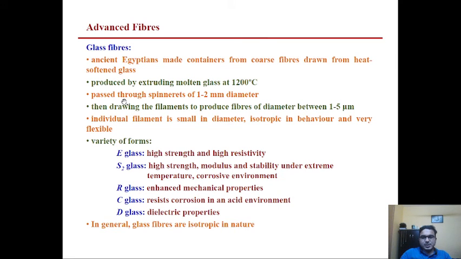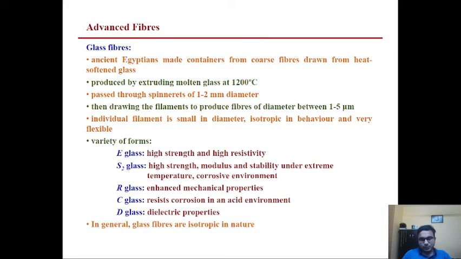They were further passed through spinnerets of 1 to 2 mm diameter, then drawing of the filament to produce a fiber of diameter between 1 to 2 micrometer, and the individual filament is small in diameter, isotropic in behavior and very flexible.